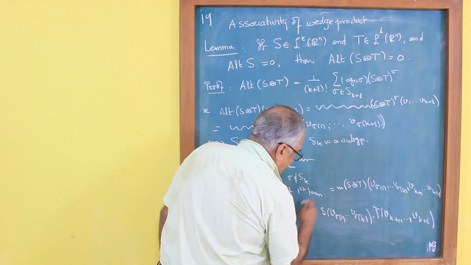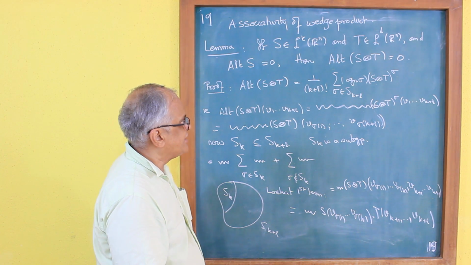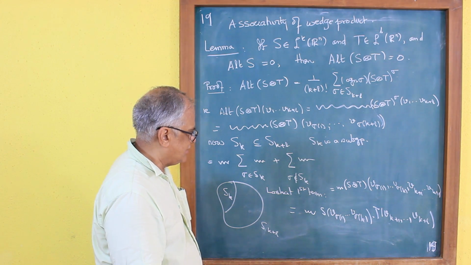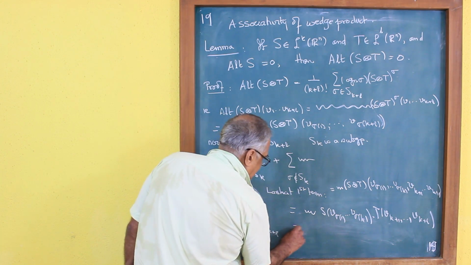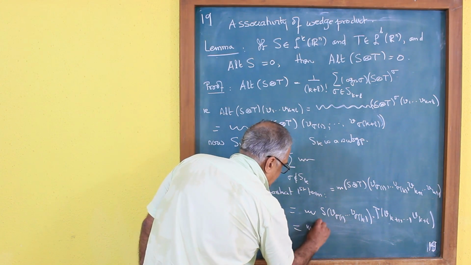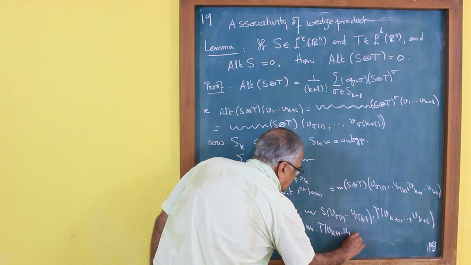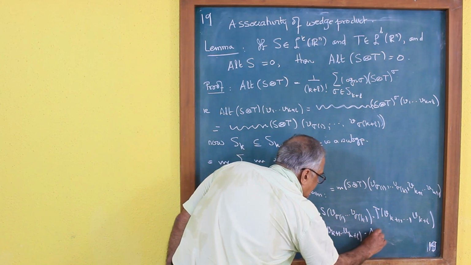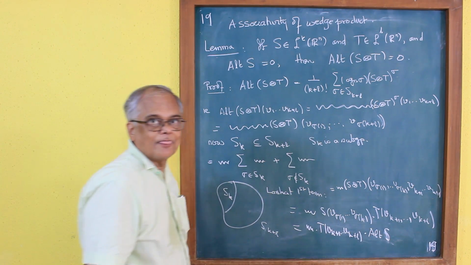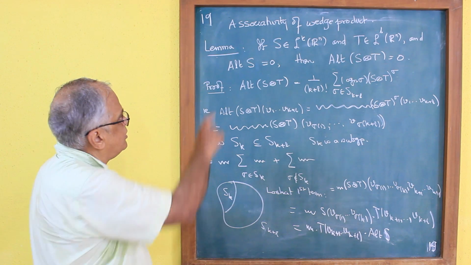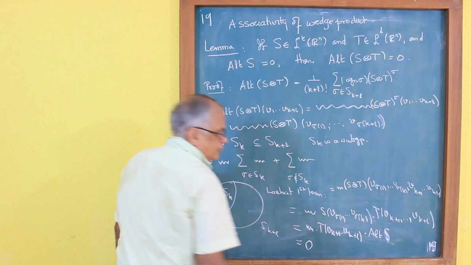And what I have remaining here, with all those terms that I have there, sigma in Sk of S at V sigma 1 to V sigma k, that is alt S. So this is equal to, you will have some factor here, T, and what am I assuming about alt S? Alt S is 0. So this quantity is 0.